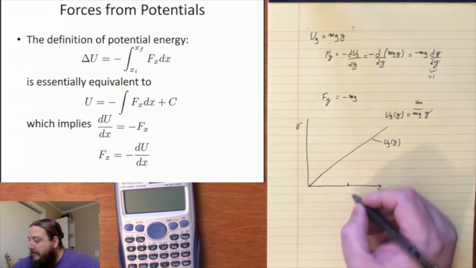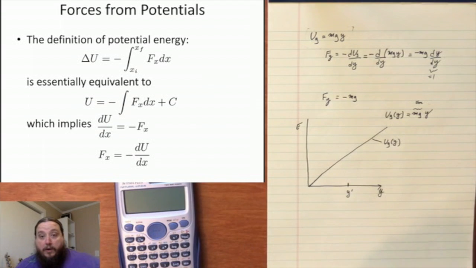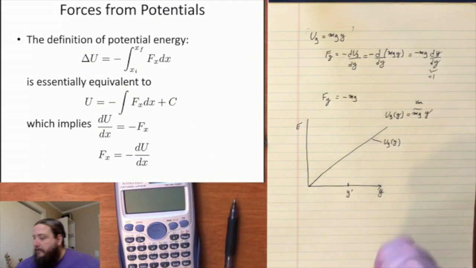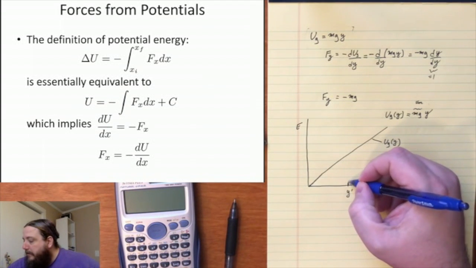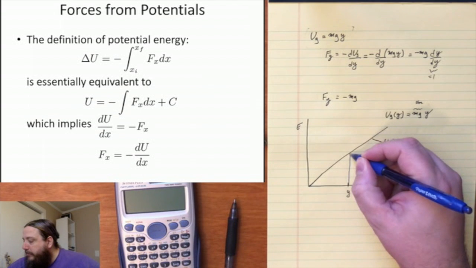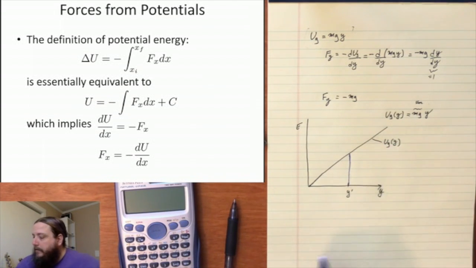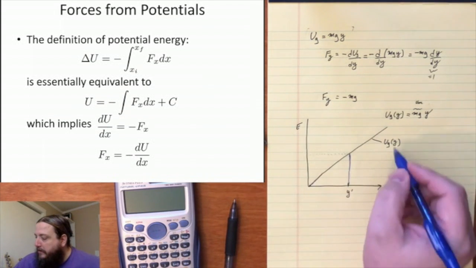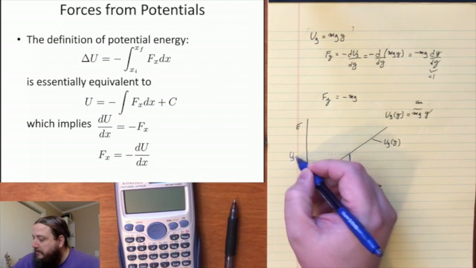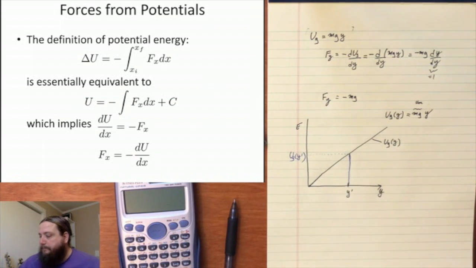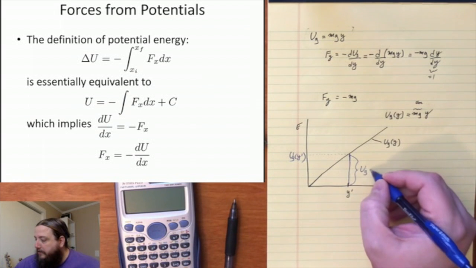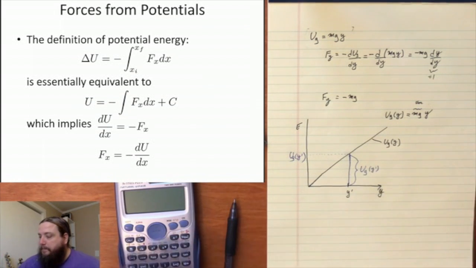And if we're right here at some position, say y prime, then this height here would be the gravitational potential energy at that y prime, just mgy. So this height here is gravitational potential energy at y prime.